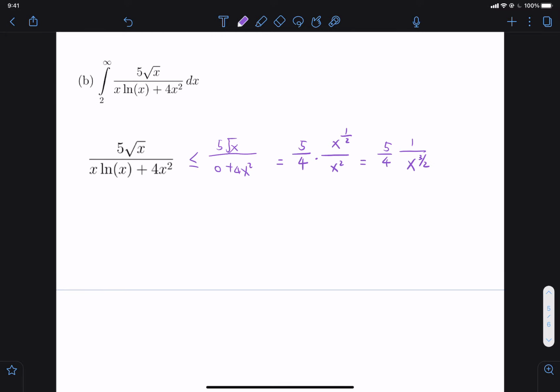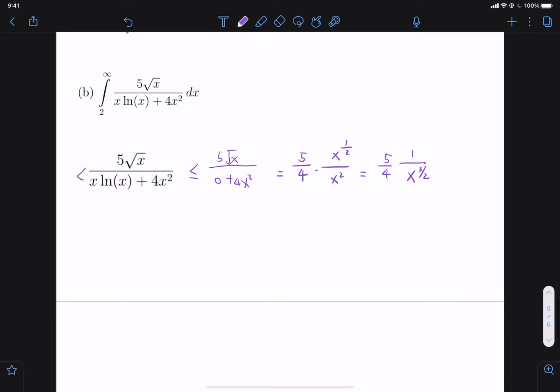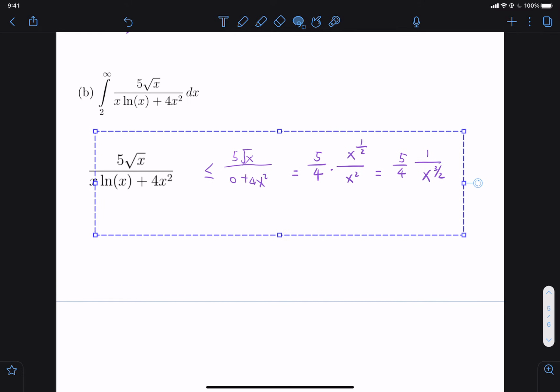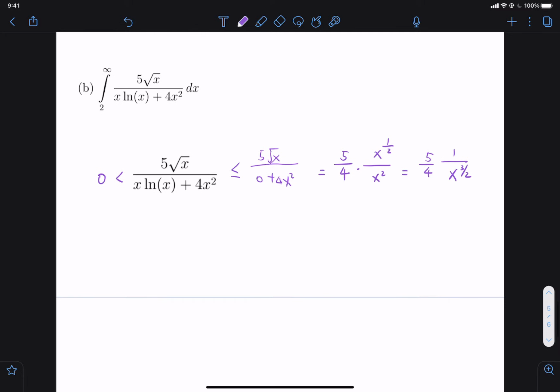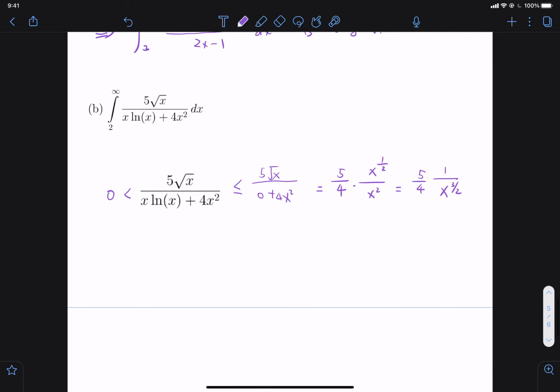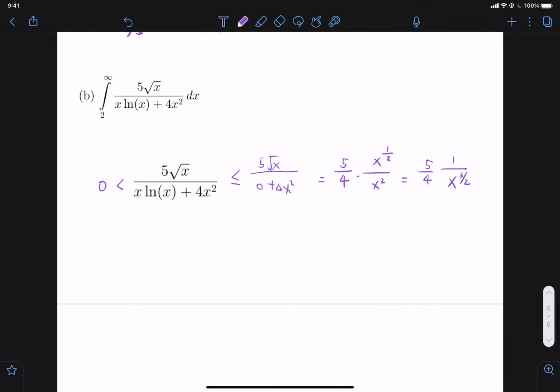Now make sure that this is greater than 0. That is very important. Like I said, this is greater than 0 at the very beginning. So now we have that this function is less than our comparison function.